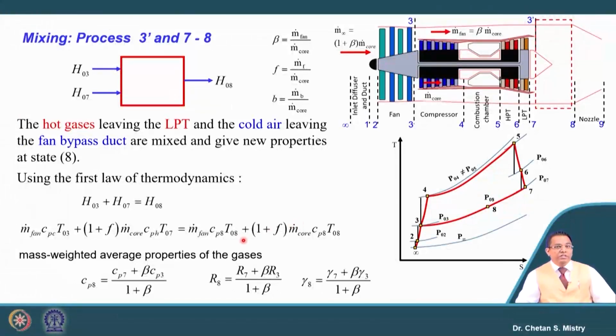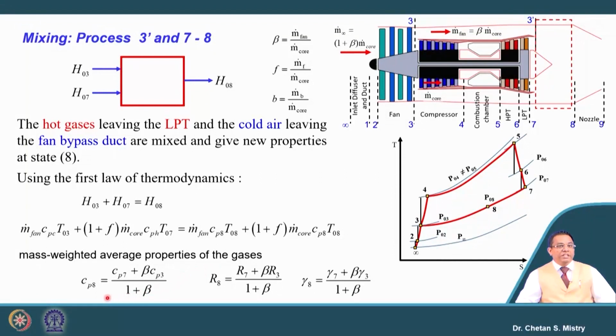Since I will have mixing happening in this mixing chamber, that is the reason why in the equation I have written Cp8. Okay. Similarly, here also I have written Cp8. Now, those properties after mixing will be changing, meaning my specific heat will be changing, my specific heat ratio will be changing. So, in order to do that calculation, people have universally adopted mass average properties for these gases.